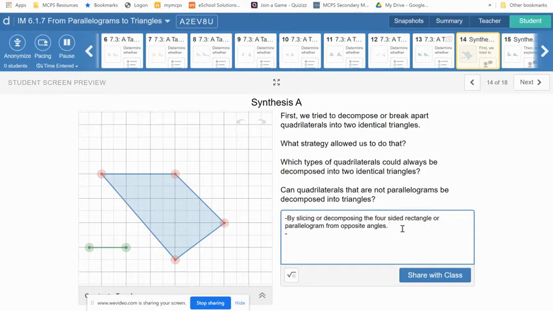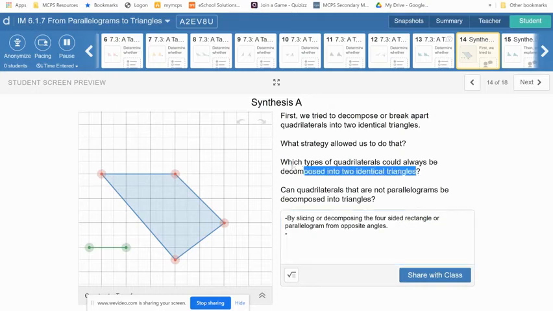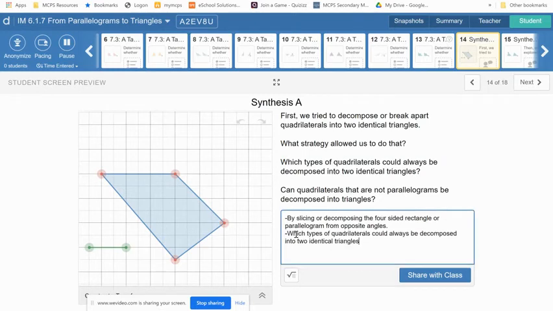Which types of quadrilaterals could always be decomposed into two identical triangles? So I'm actually going to take the question, reword it right here, but fix it. Which types of quadrilaterals?